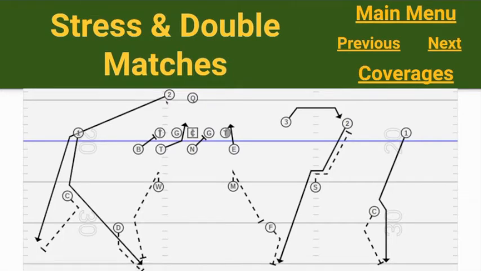He's keying 1 to 2 when we're in double. The deep safety's keying 2 to 1. 2's working out. Corner's sinking and playing outside leverage on 1. As 2 starts to cross his face, he's going to go match that wheel and play inside on top. The deep safety wants to be on top and inside of the post here, and then the inside linebacker can play underneath.